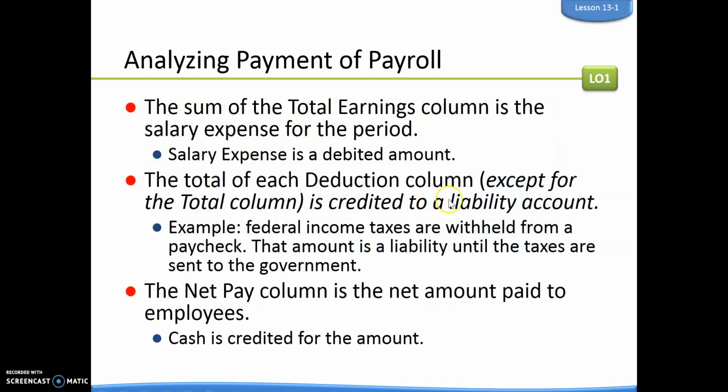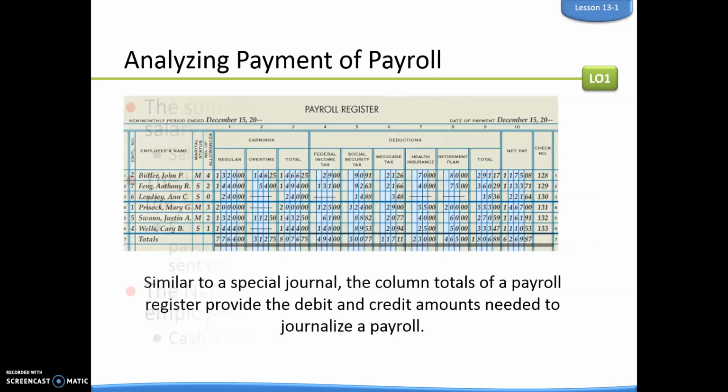And then the total of each deduction is credited to a liability account, because remember, federal income taxes, Medicare, Social Security, all of our health insurance premiums, all of those are liabilities for us as a business until we pay them. So that's why they get credited. So if we flip back here, federal income taxes, Social Security tax, Medicare tax, health insurance, retirement are all going to be credited to liability accounts.